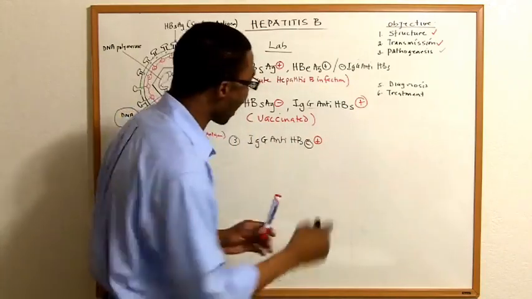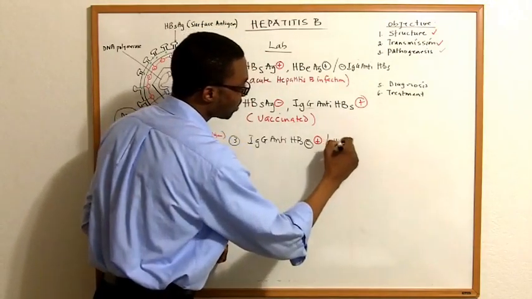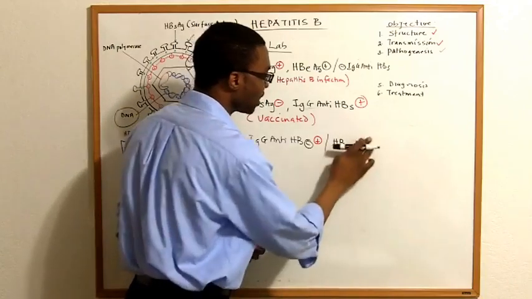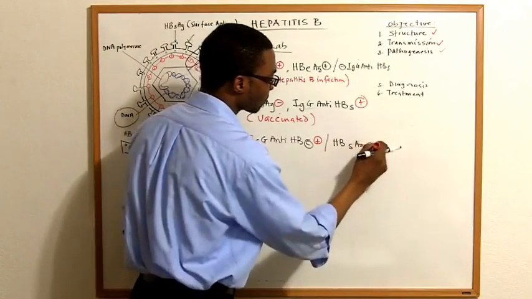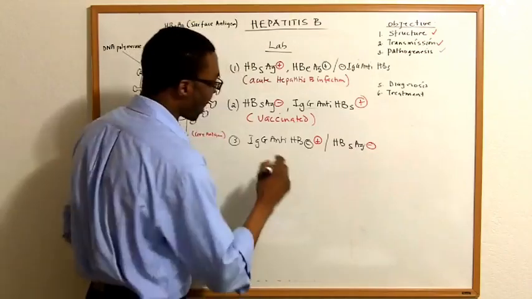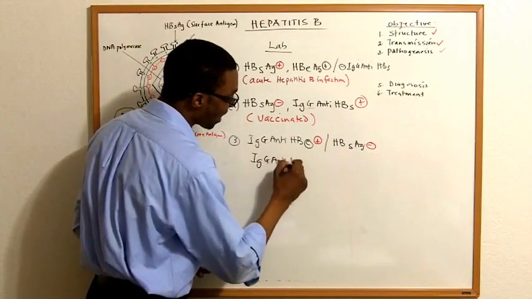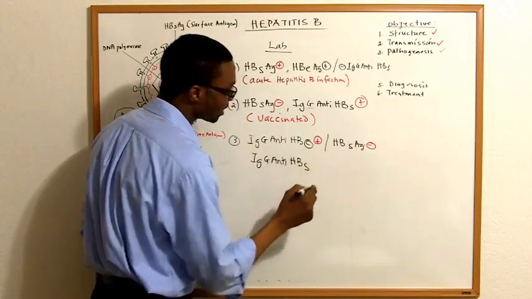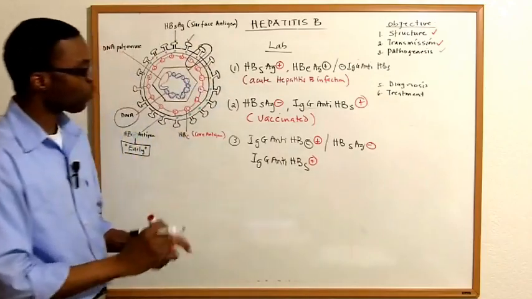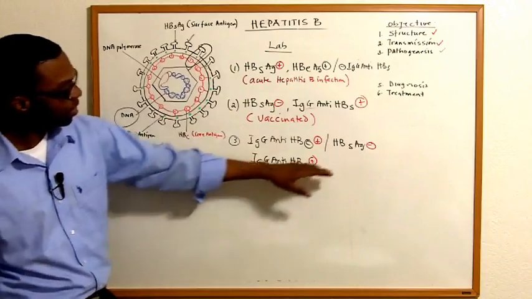They also have an hepatitis B surface antigen was negative, right? Also, they have an IgG anti-hepatitis B surface antibody comes back positive. What do you think the patient had? Think about it. Let's see.